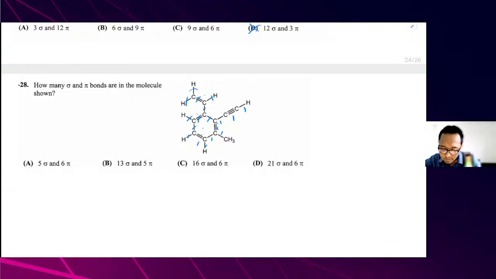Which one is that? Again, 1 through 15, 16, 19, 20.